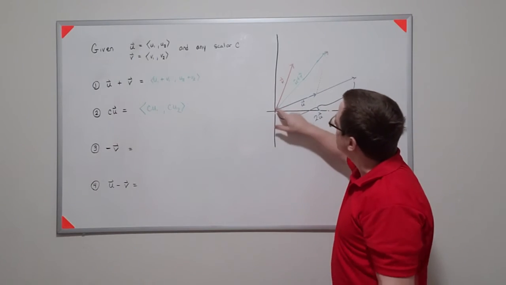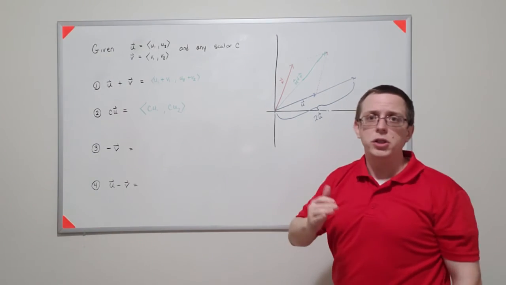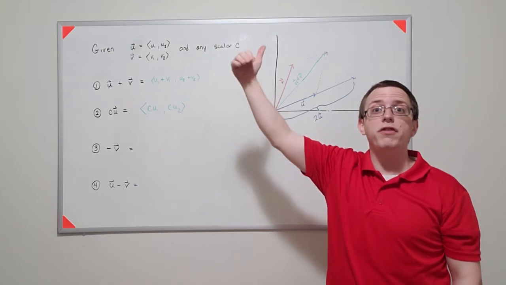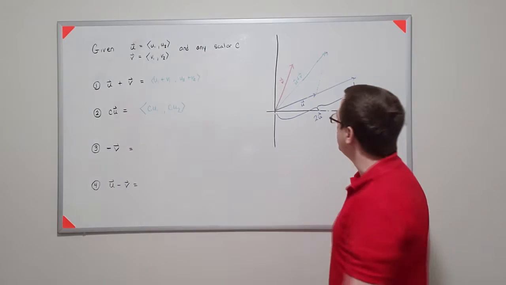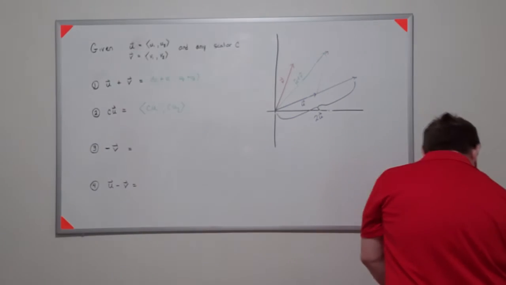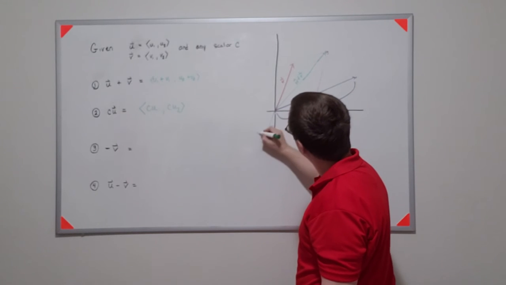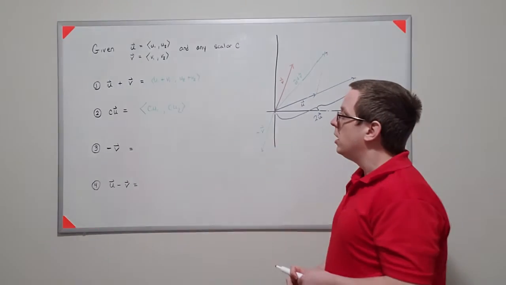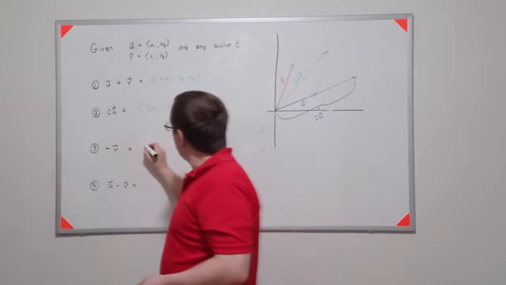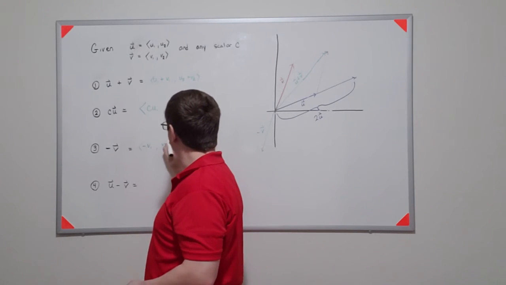So if the red vector v here is going from Washington, D.C. to Boston, well, then negative v is going from Boston to Washington, D.C. So negative v is the same vector in the opposite direction, which is negative v1, negative v2.